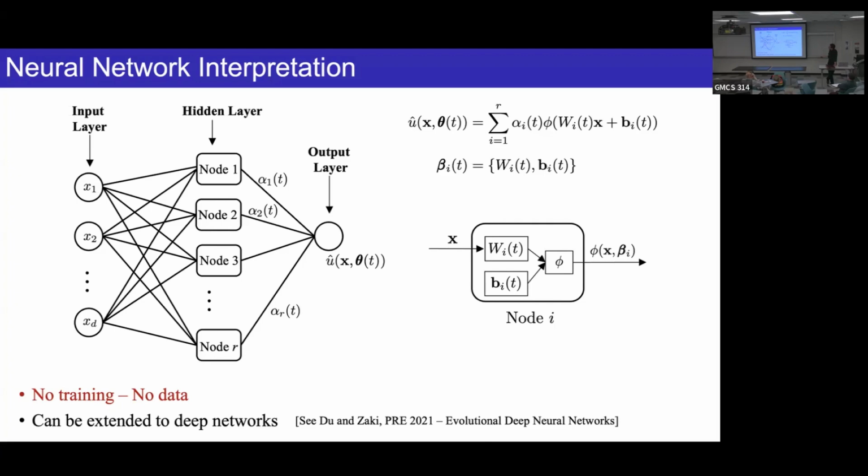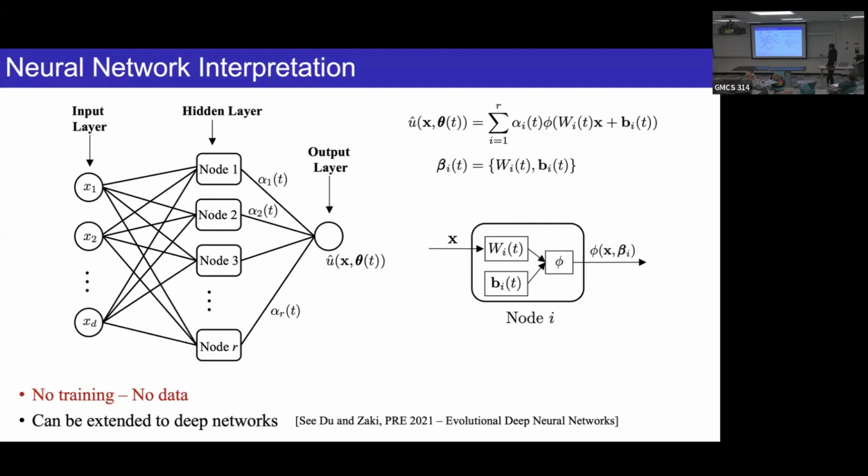Each node of the neural net, this is a shallow neural network because it has just one hidden layer, but you can generalize this to deep neural nets too. If you look inside each node, usually in neural nets, you multiply the input with a weight parameter, which is W, a matrix, and you add a bias b_i for node i, and then you apply an activation function phi, which could be a sigmoidal function or tangent hyperbolic, for instance.